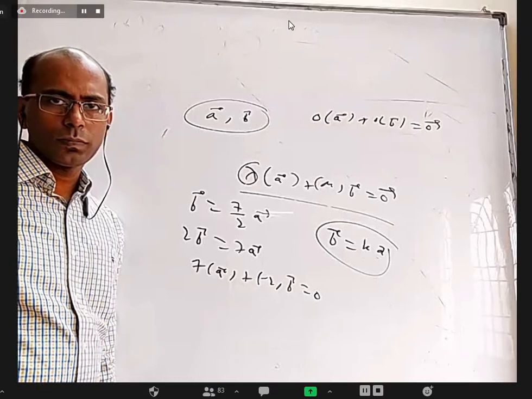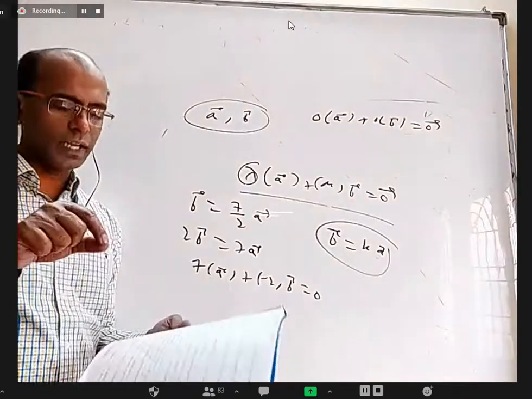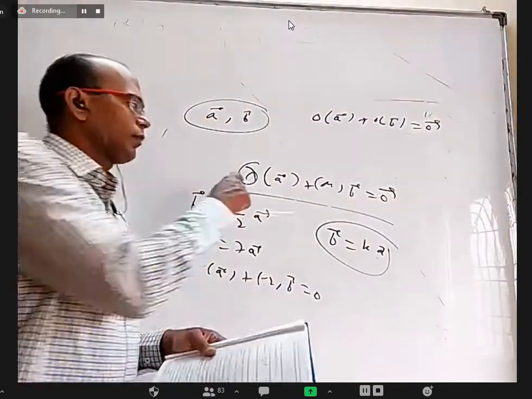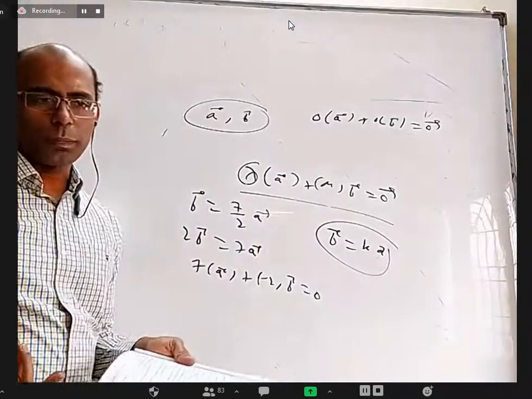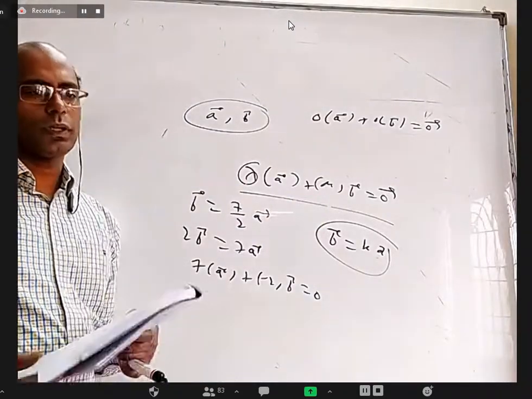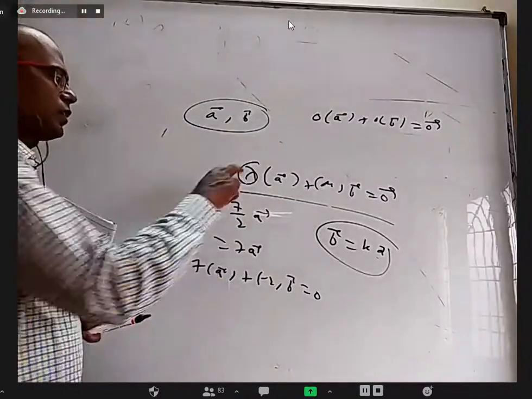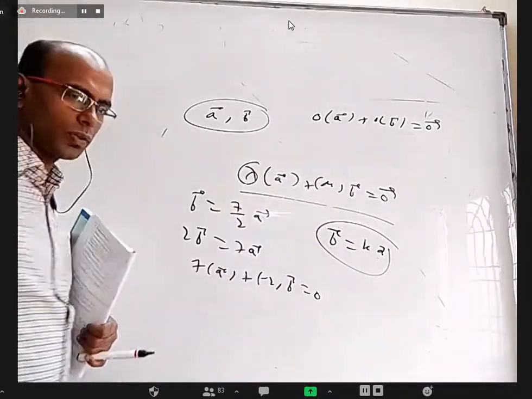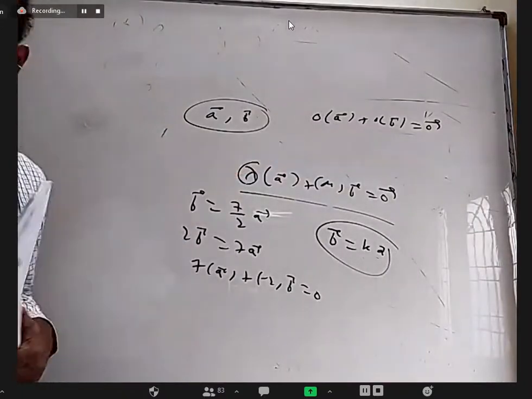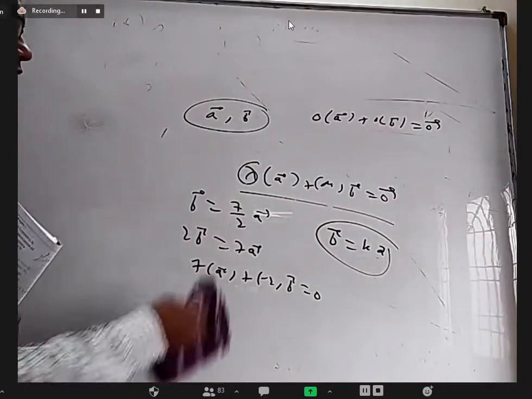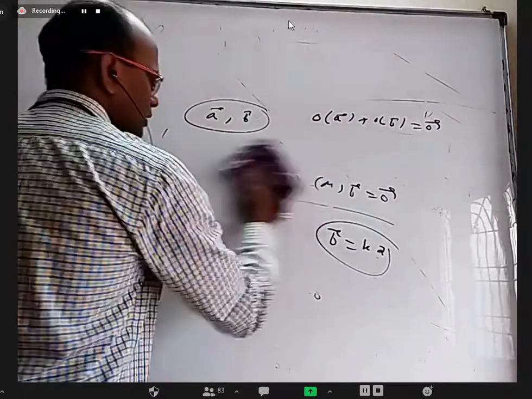Both are 0. Yes. So you cannot take both 0. Only when both are 0, there is no compulsion that A and B should be parallel. So as long as A and B are parallel, we can find both non-zero or at least one of them non-zero, in such a way that this will happen. So this is the same as the first point with a slightly different way of expressing it. That's all.